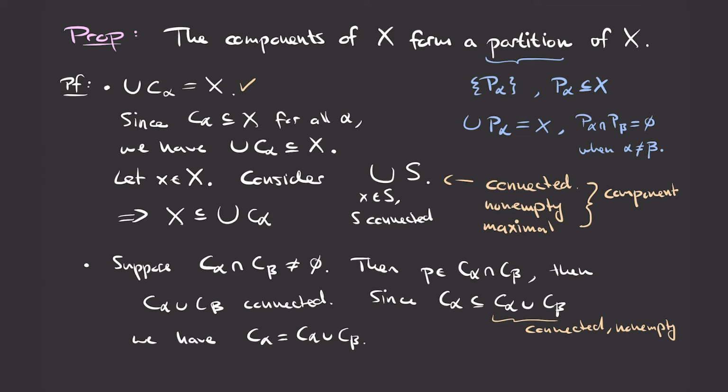And now the exact same argument works with C beta, because C beta is also a component and hence maximal. C beta is also a subset of the union here, and therefore similarly we have that this union must equal C beta. So what we've shown now is that whenever two components have a non-empty intersection, then actually they must be equal. So this shows that distinct components are disjoint.